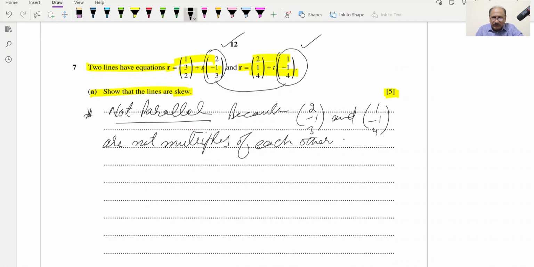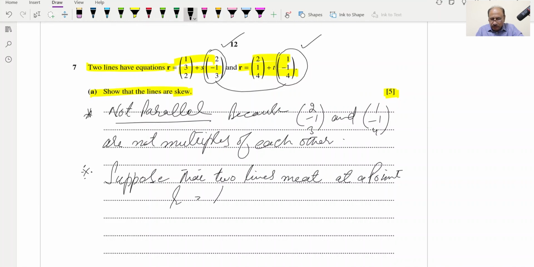Second condition, to show the skewness, we can suppose that the two lines meet at a point. So if they are meeting, then r should be equal to r.